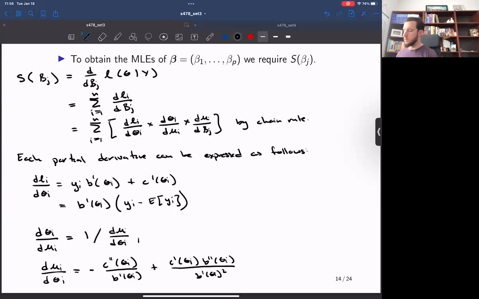Okay, so then you can see here that we have a representation of the variance formula now. Well, sort of.